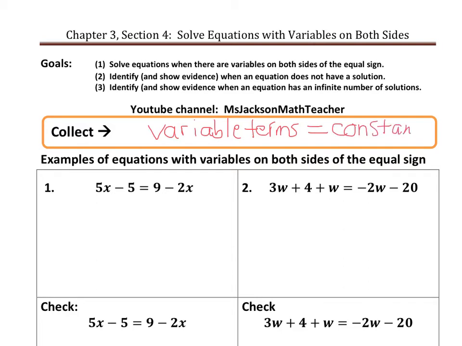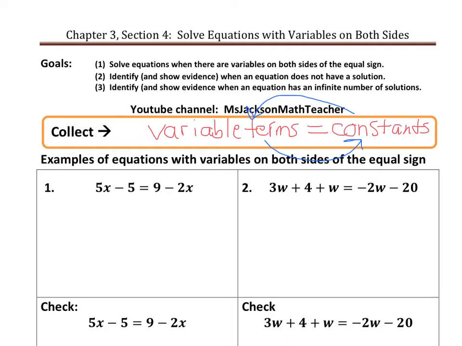So we want to get all the constants together on one side of the equal sign, all the variable terms on the other side. Now this could look a little bit different. You could have the constants over here and the variables over here, depending on what's convenient to you. But the idea is you want to get them separate, one side and the other.